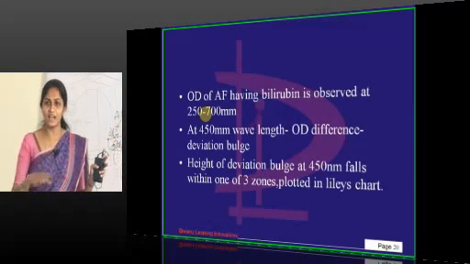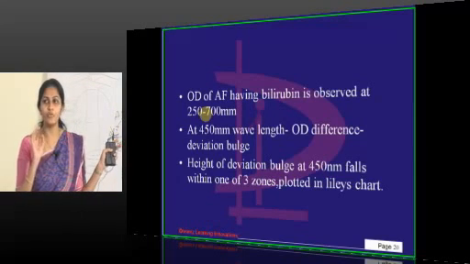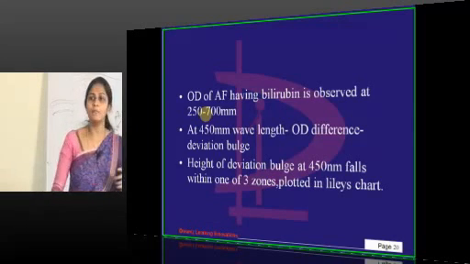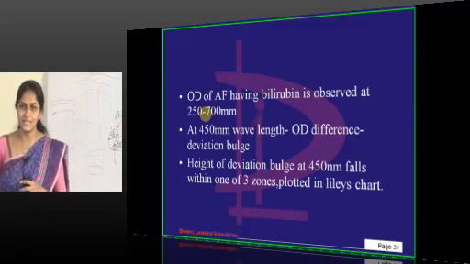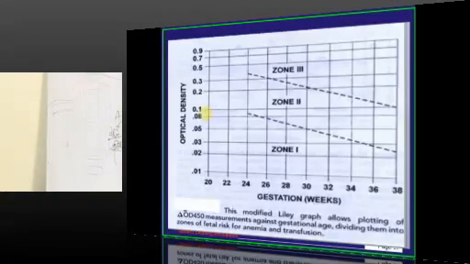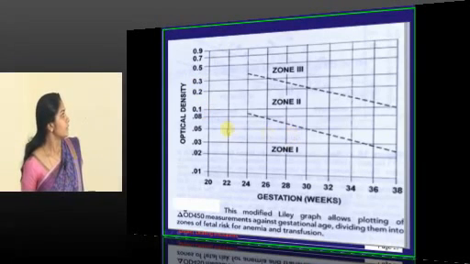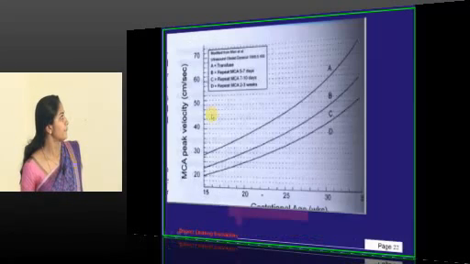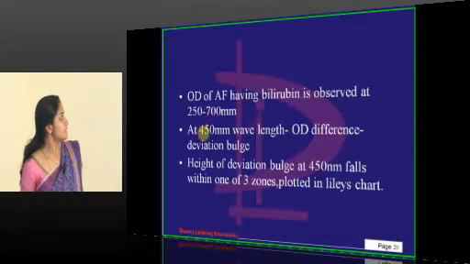Once you draw a graph of these bilirubin levels, at around 450 nm we will see a bulge, and the height of the bulge is very important. That is what we call Liley's chart. This is the Liley's chart, with the gestational age, and wherever the bilirubin optical density is, approximately 450.